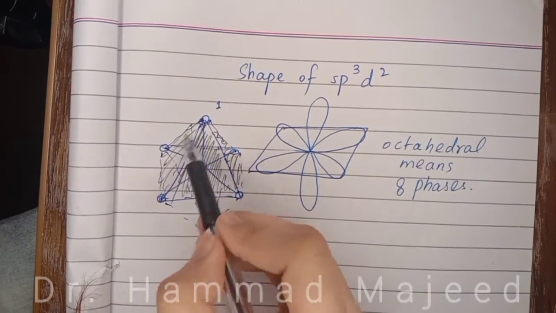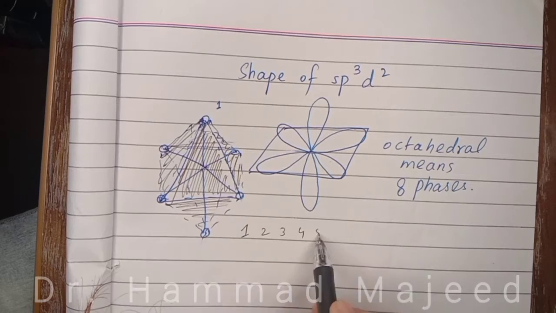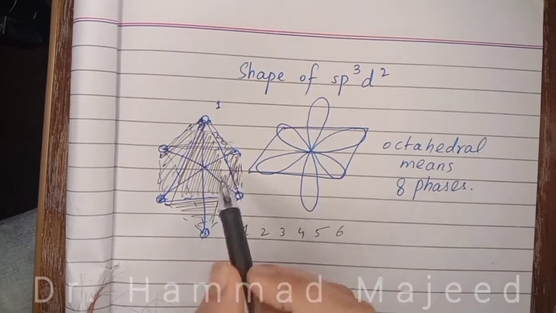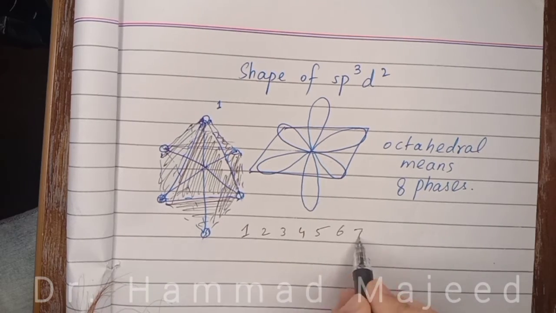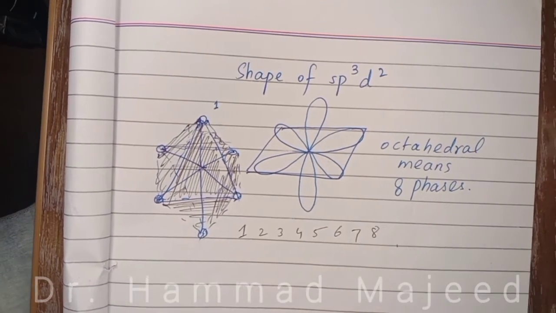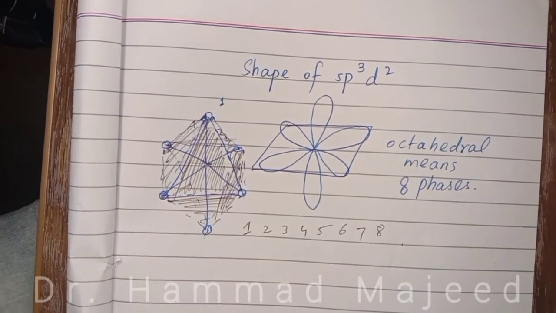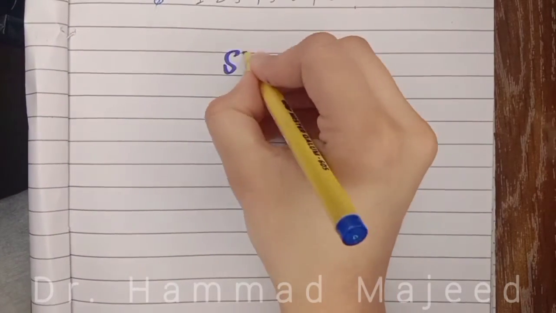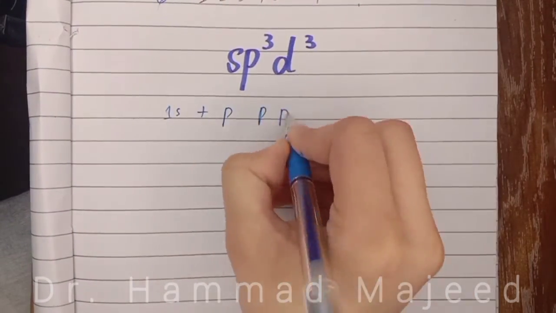This is face 1, this is 2, this is 3, this is 4. This one is the 5th, this one is the 6th. The one behind it is the 7th, and the other one is the 8th. So that means 8 faces, and this hybridized orbital is named octahedral.